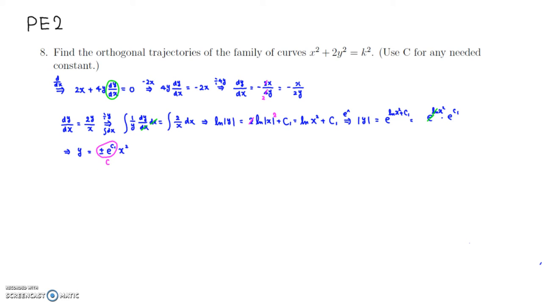Therefore, the family of orthogonal trajectories is y equals some constant c times x squared. These are the equations for the orthogonal trajectories that we're looking for. That's it. I hope that this was clear.